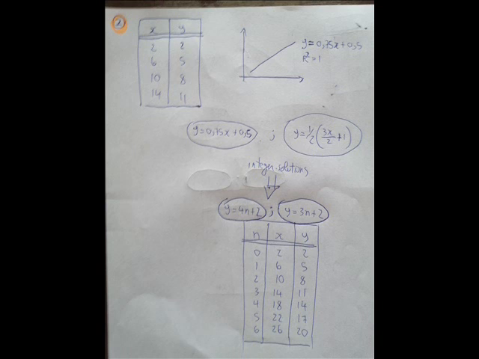There's a mistake I made. It's not y equals 4n plus 2, it's x equals 4n plus 2, y equals 3n plus 2. That equation is correct. So for example, for n equals 0, we have x equals 2, y equals 2. For n equals 1, we have x equals 6, y equals 5.